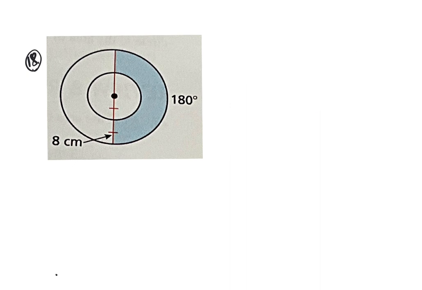Right, so we start with the area of the big, we subtract away the area of the small inner circle, the inside part of the donut, but then we also have to remove half of the outside ring.